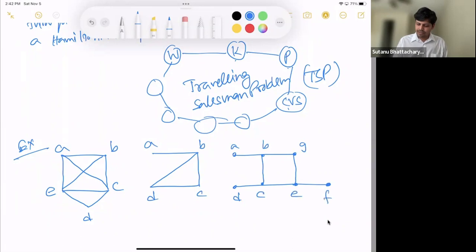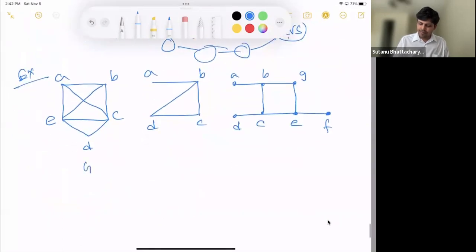So suppose this is graph G, this is H, this is I. Now you need to find whether there is a Hamiltonian circuit. If there is no Hamiltonian circuit, then check whether there exists any Hamiltonian path. And in some cases, maybe there is no Hamiltonian circuit, no Hamiltonian path.